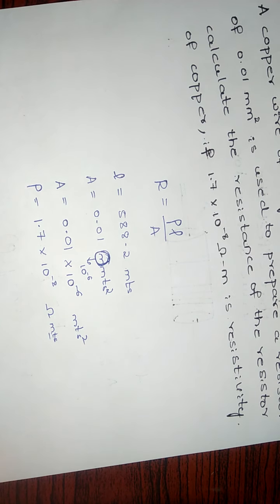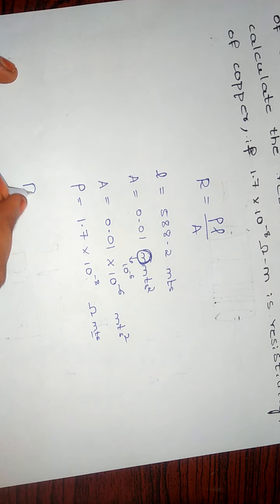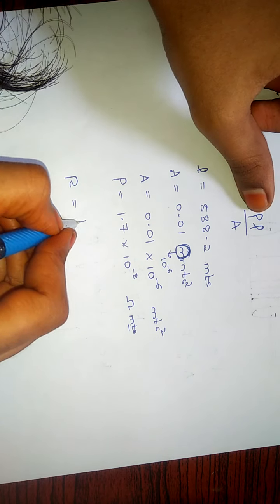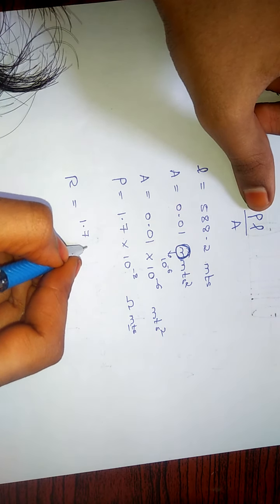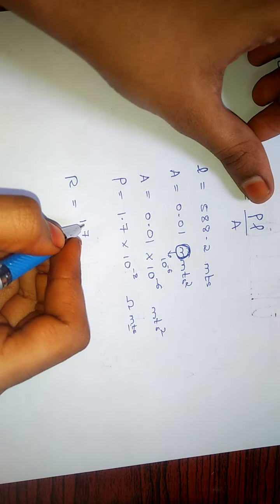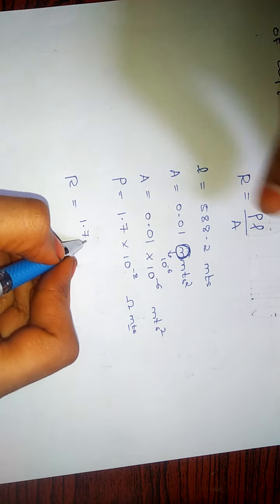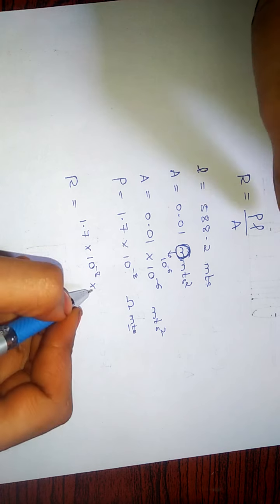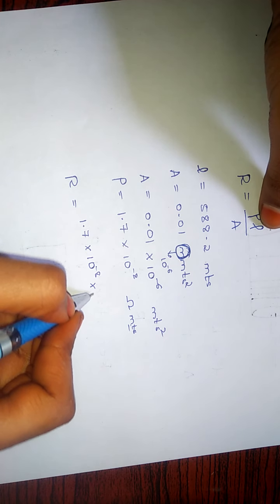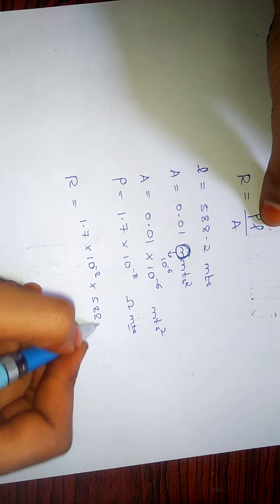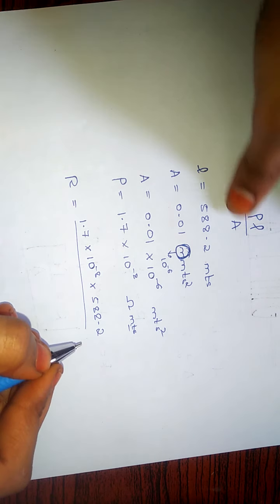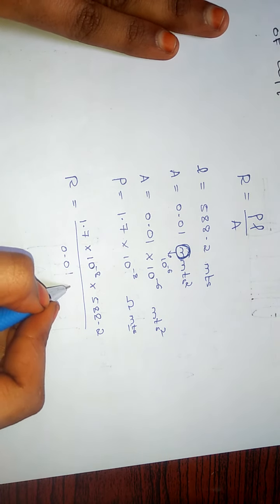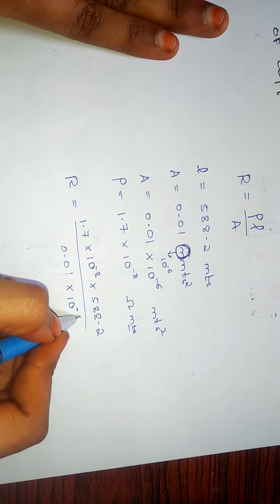Now let us substitute in the equation to find the resistance value. R equals rho, which is 1.7 into 10 power minus 8, into length 588.2, divided by the area 0.01 into 10 power minus 6.